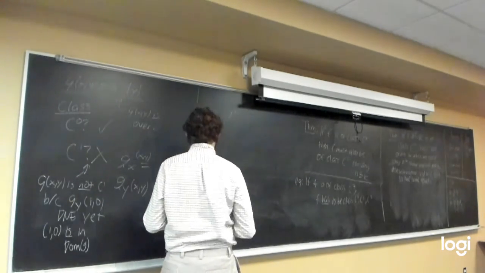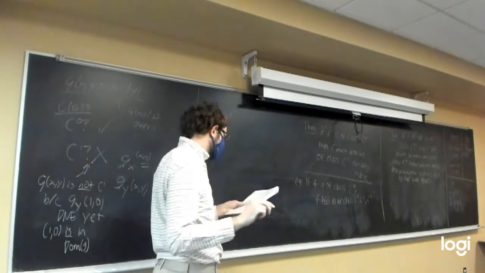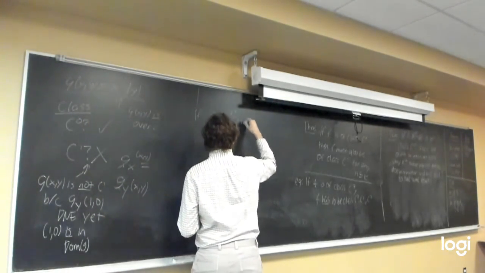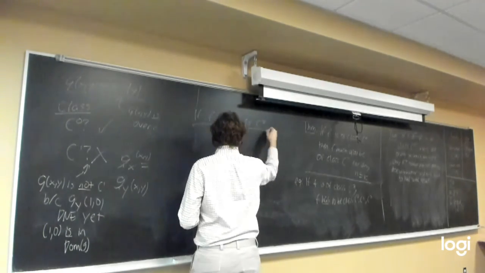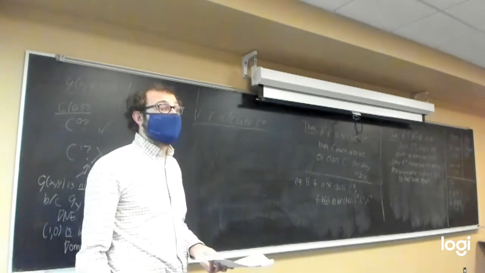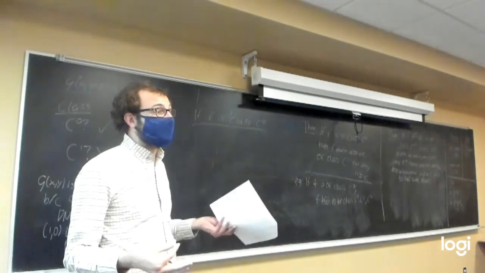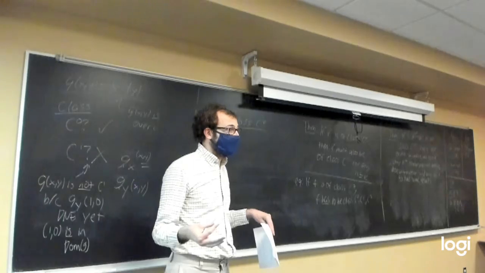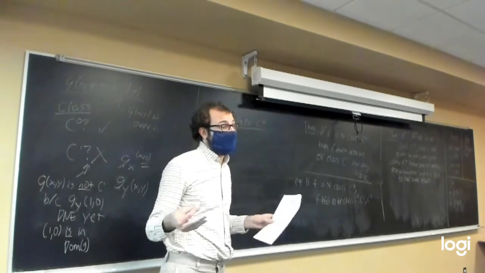So for example, we could say something like if f is class C2, then that means we could take second order partial derivatives and any order, and as long as we're taking the same derivatives, the order doesn't matter in which we're going to take them.